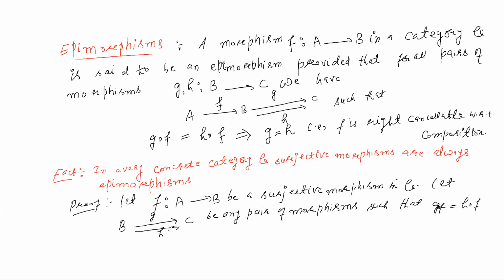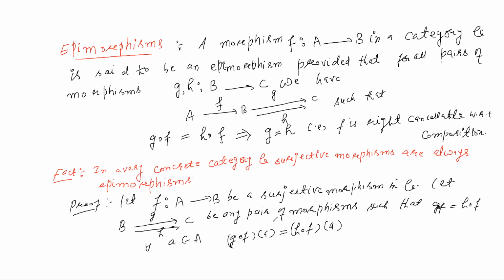Means on the elements of A they are same. So this means for all a in A, G composition F of a equals H composition F of a.